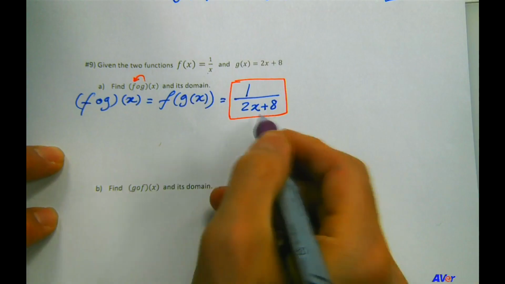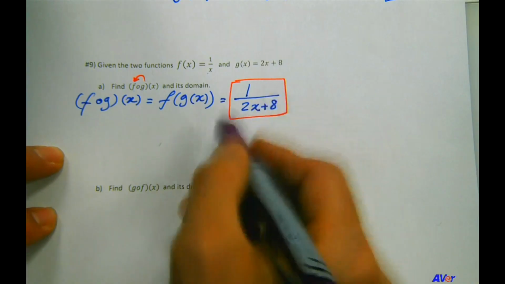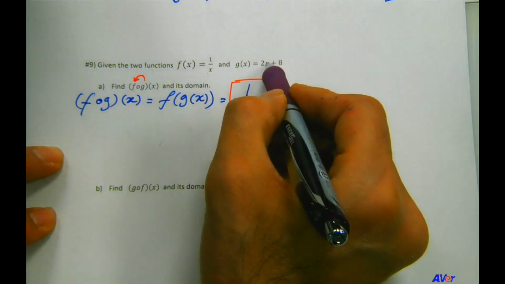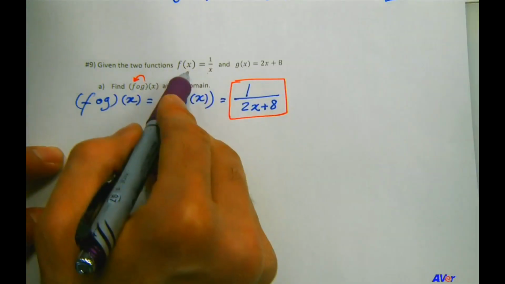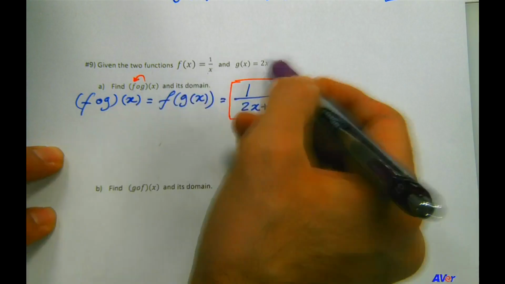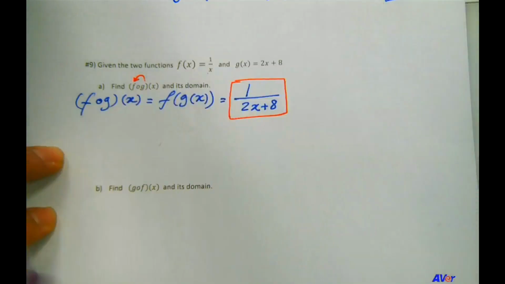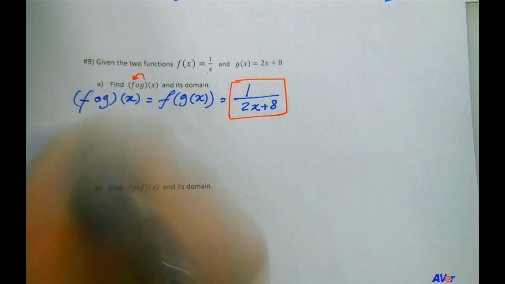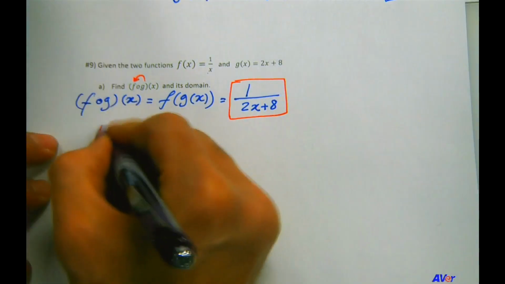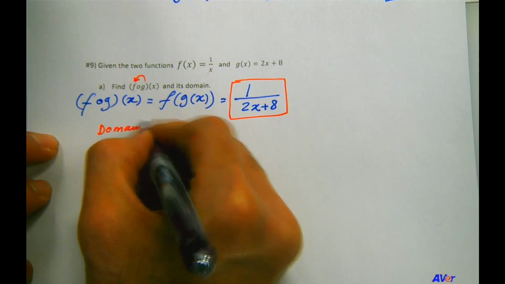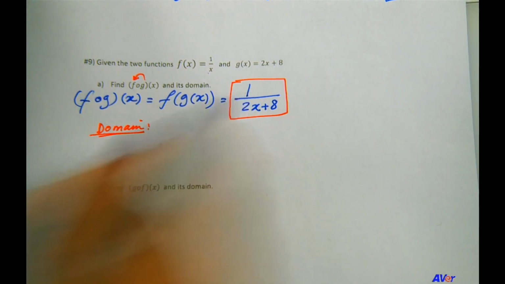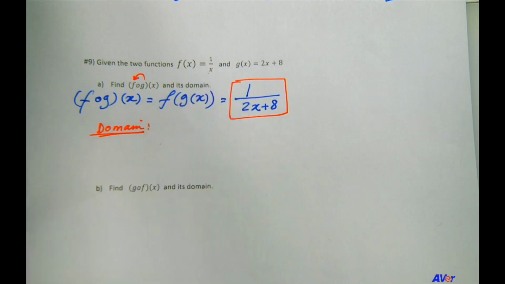Now the domain of this has to be the intersection of the domain of this and the domain of the function that was placed inside f. Not f, but the function that was placed inside f. So g of x. We have the composite function, and what we're doing now is finding the domain of that.